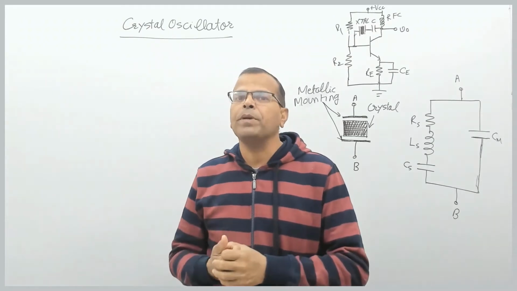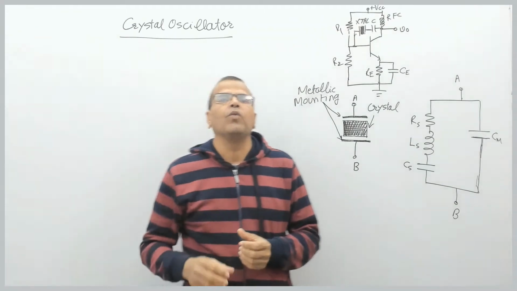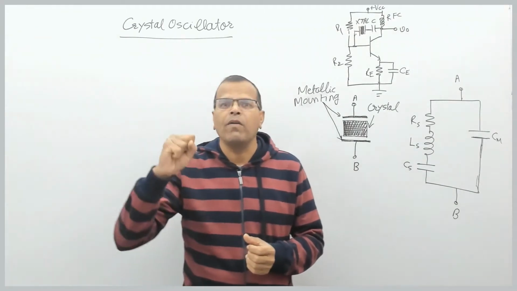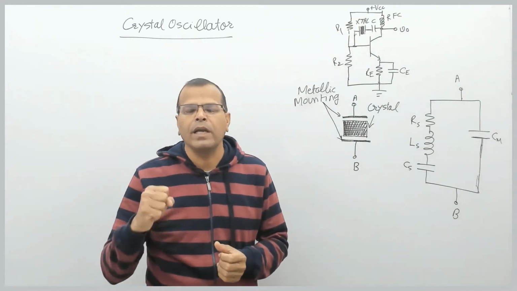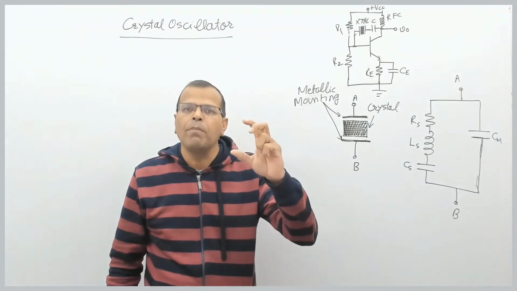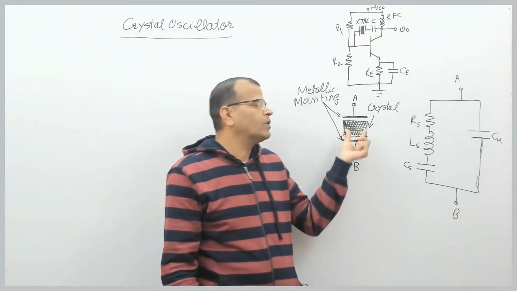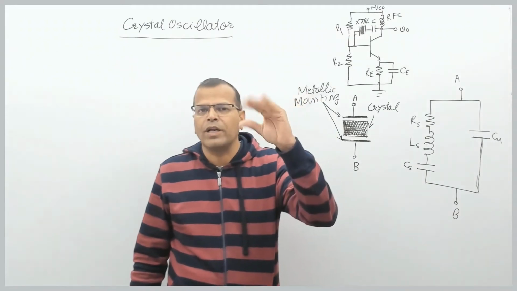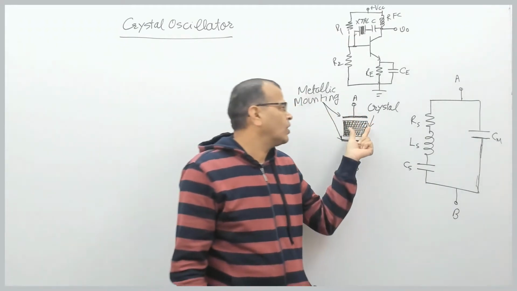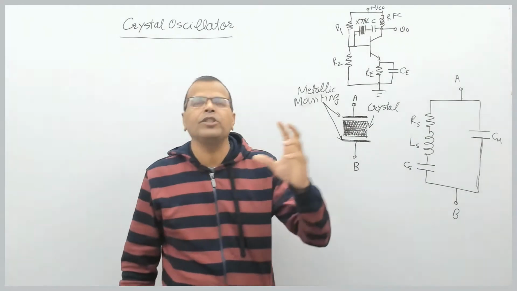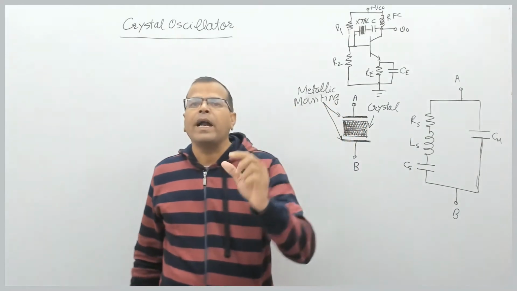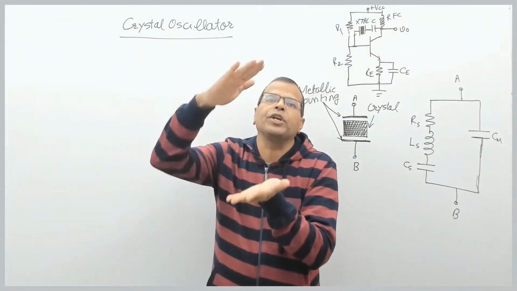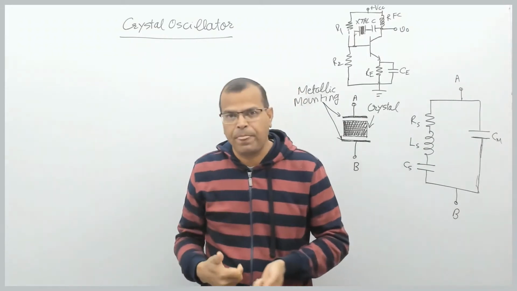In a mass damper system, we have a mass, a damper and a spring. Here we have the mass of the crystal. Spring is not there, but the crystal has elasticity, which is a spring nature. It has mass and it has molecular friction, which behaves like a damper.